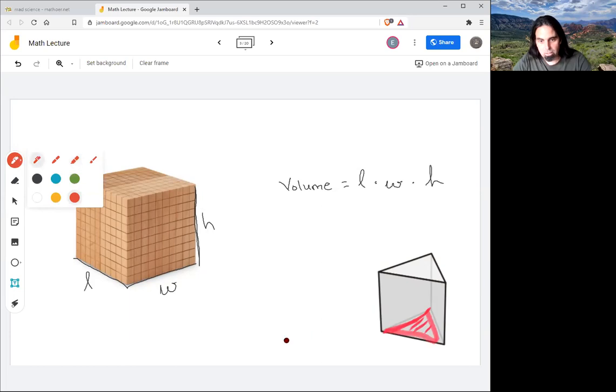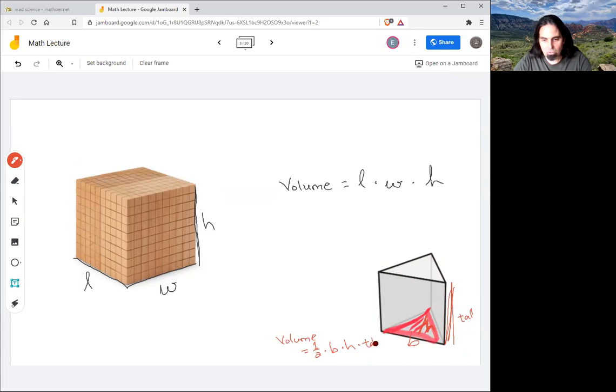So for the triangular prism, the volume is 1/2 times base times height, where base is here and height is here. And then we'd have some other dimension, which I also kind of want to name height, which is one reason it's confusing. So maybe I'll say tall or something like that. But we're not doing that, so let me undo all of that.